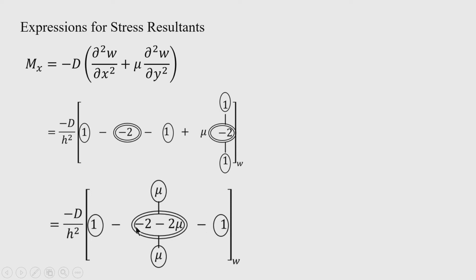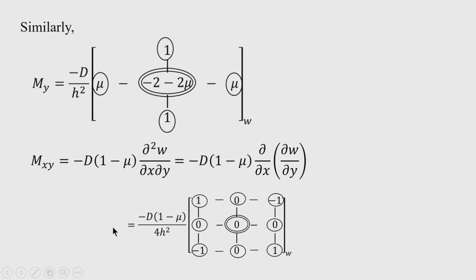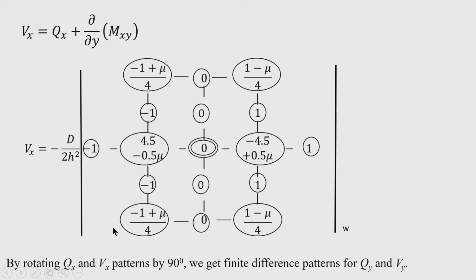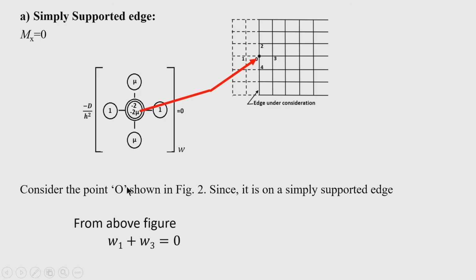So, let me discuss with a figure, considering a simply supported condition. We consider a simply supported edge. This is the plate domain, shown by solid lines, but the dotted lines are not really existing.